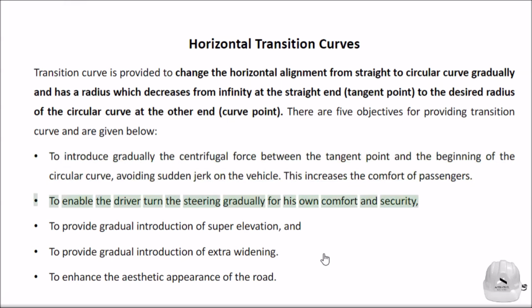To enable the driver to turn the steering gradually for his own comfort and security. To provide gradual introduction of superelevation, and to provide gradual introduction of extra widening. To enhance the aesthetic appearance of the road.